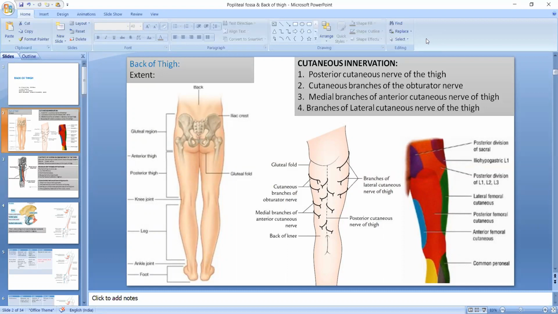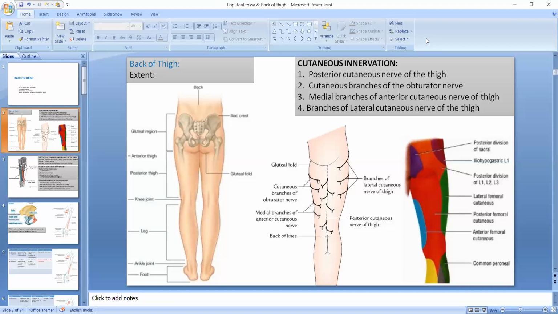It then descends beneath the gluteus maximus with the inferior gluteal artery and runs down the back of the thigh beneath the fascia lata and over the long head of the biceps femoris to the back of the knee, and pierces the deep fascia and accompanies the small saphenous vein to about the middle of the back of the leg, with terminal twigs communicating with the sural nerve.